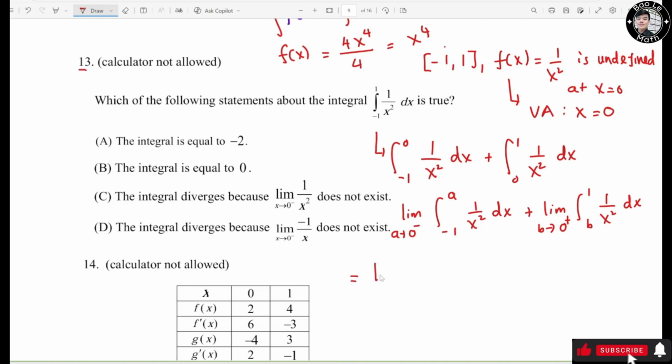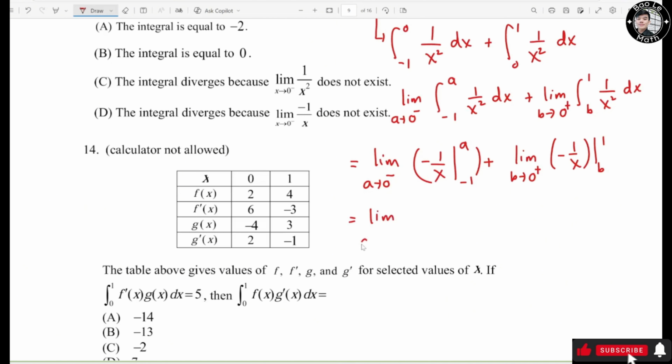So it's going to be the limit when a approaches 0 minus of negative 1 over s evaluated from negative 1 to a, plus the limit when b approaches 0 plus of negative 1 over s evaluated from b to 1, right?